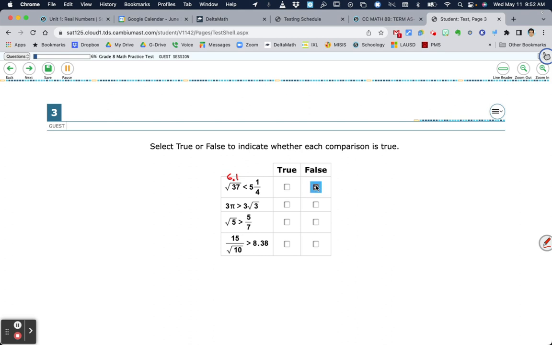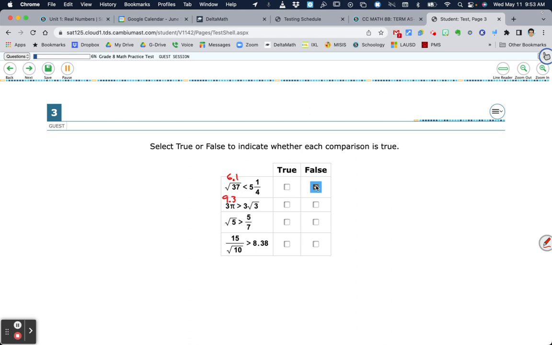Okay, this is 3 times pi. And pi is about how much? Yeah, it's about 3.14. So if I multiply 3 times 3, this is about, say, 9.3. Now we got to figure out this one. 3 times the square root of 3. How much is the square root of 3? Yeah, it's about 1, right? It's about 1.5 even.